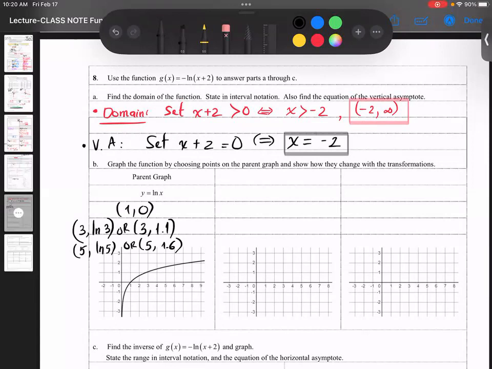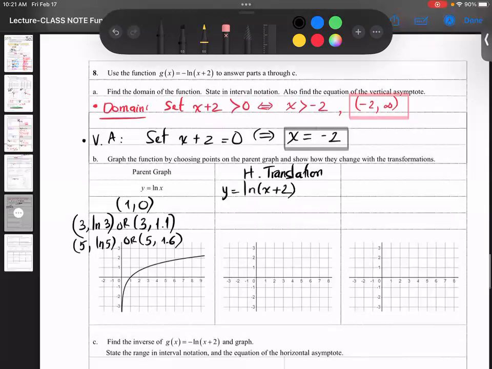What kind of translation am I doing next? Horizontal, right? The first thing first, horizontal. So horizontal translation. That means I have y equals ln of x plus 2. Everything moves left 2, so everything on the x coordinate, you subtract 2.